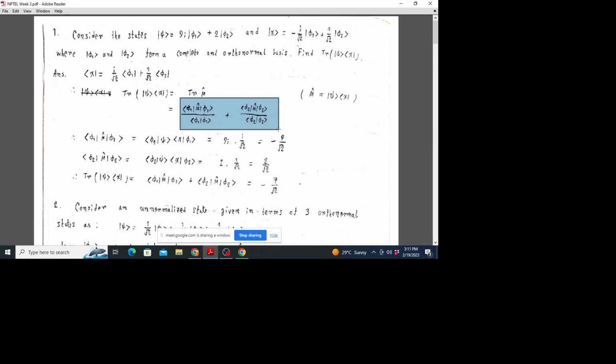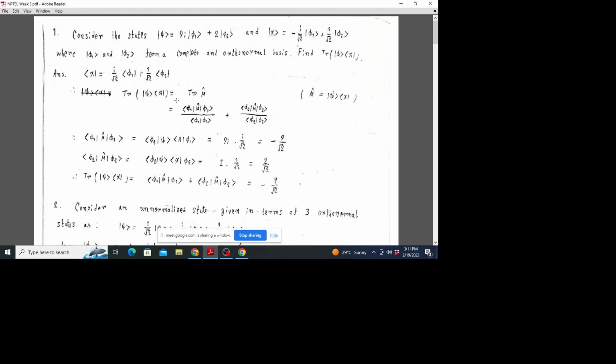You just have to keep that in mind. But in quantum mechanics we usually encounter the orthonormal basis, so we don't need to worry about the more general case. Just keep in mind the special case of the orthonormal basis. So this is the trace formula with respect to an orthonormal basis.